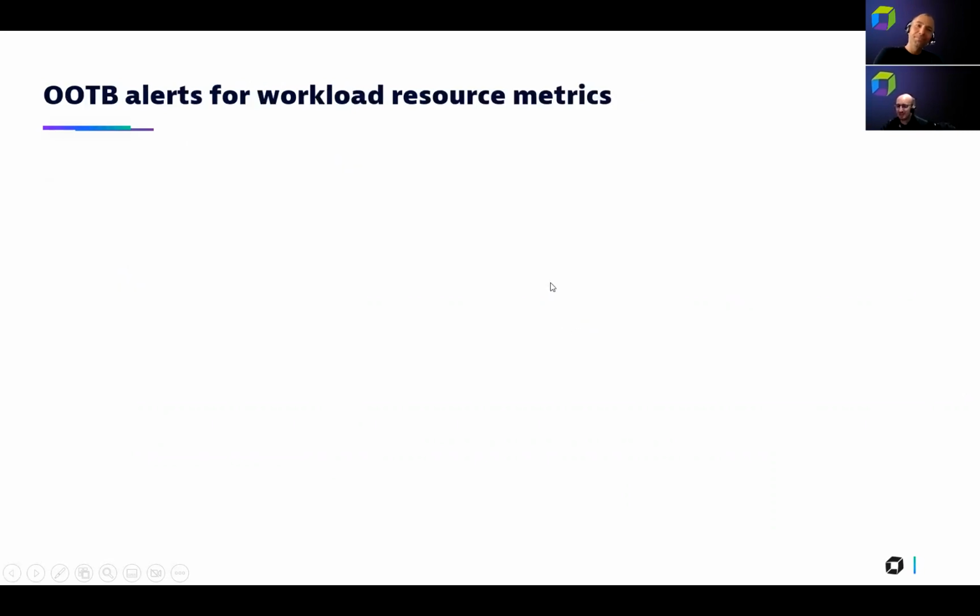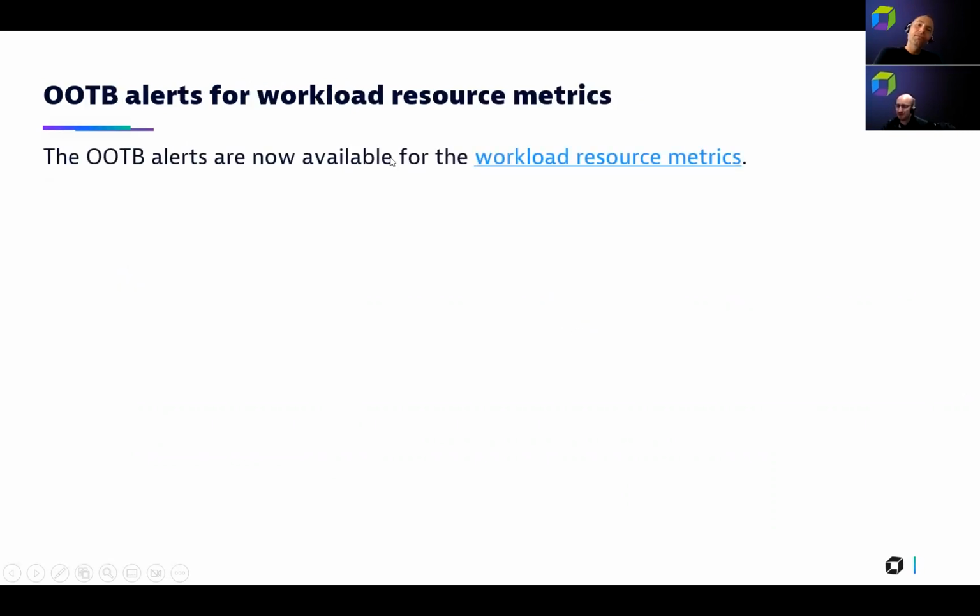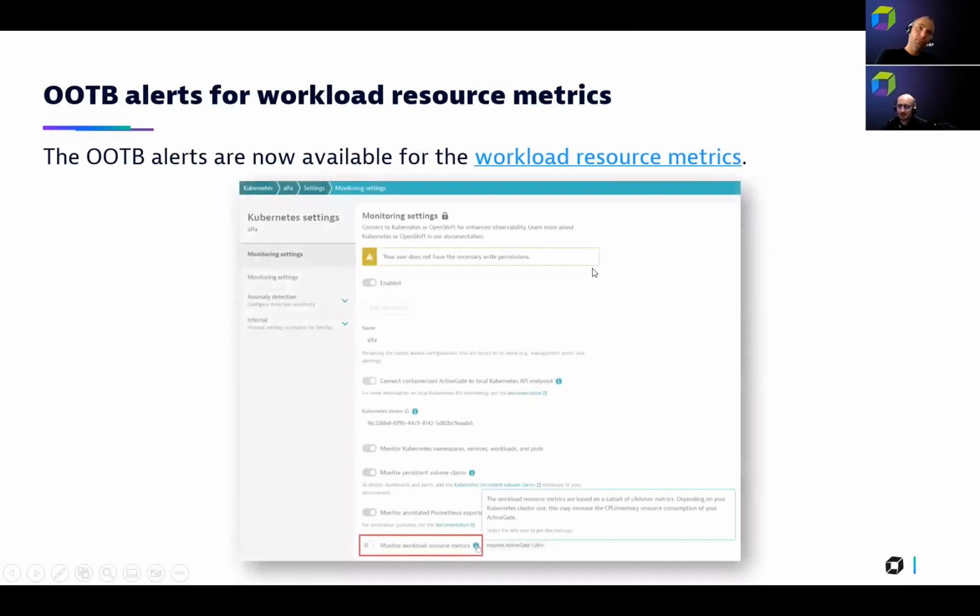So the next one is out-of-the-box alerts for workload resource metrics. They are now available under your Kubernetes settings. In general, if you go to the settings of your cluster, at the bottom of the page, you will see this monitor workload resource metrics toggle.